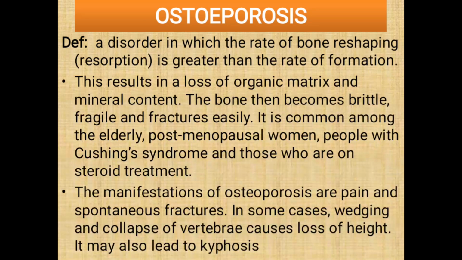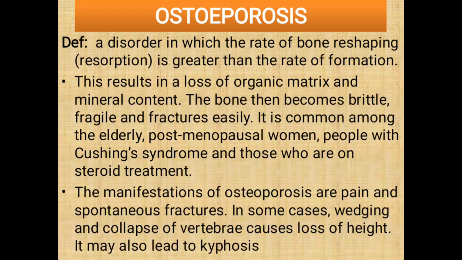So what are the manifestations of osteoporosis? It is pain and spontaneous fractures. A person breaks bones randomly without anything. Also in some cases there is wedging and collapse of the vertebral column, which causes loss of height.